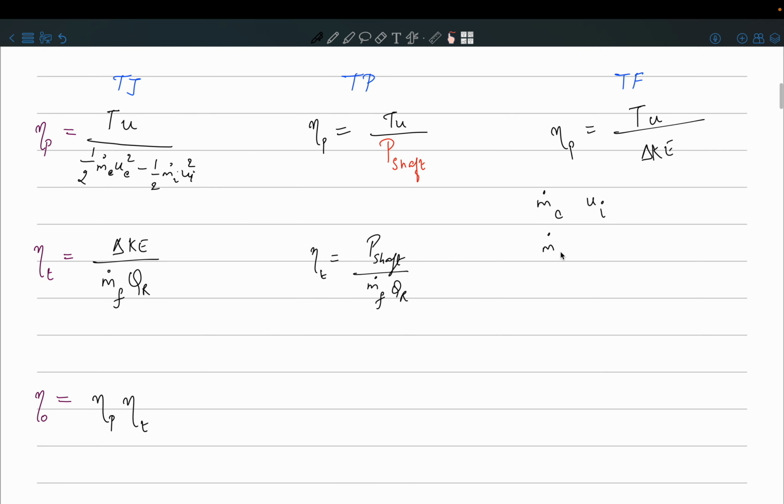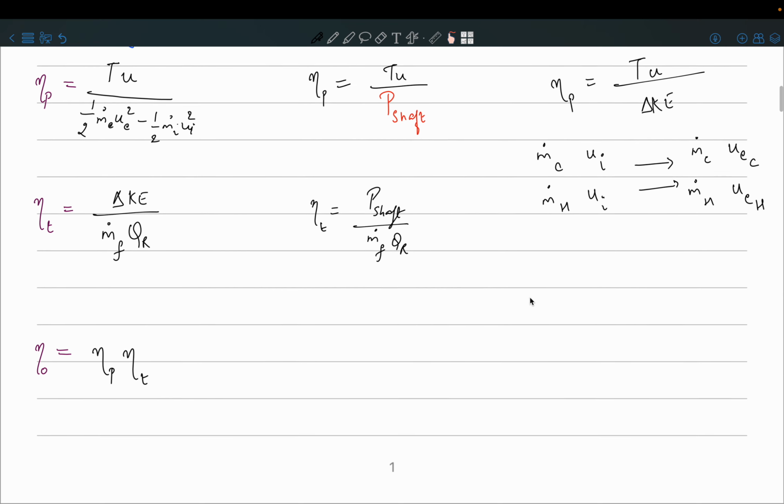M dot H was also coming in with some velocity u inlet. But after going through the engine, m dot C is coming out with a velocity of UEC. So the cold flow has a different exhaust velocity and the hot flow has a different exhaust velocity. So you will calculate the change in kinetic energy accordingly for the cold flow and hot flow separately, add them together, and that will come in your denominator. Okay, and again thermal efficiency can be defined similarly.